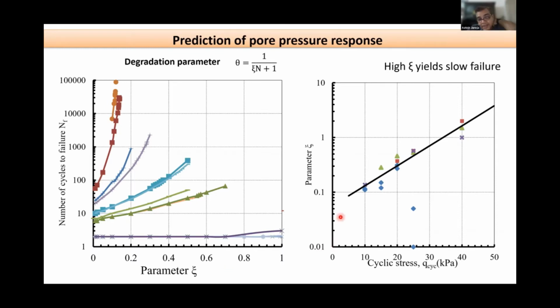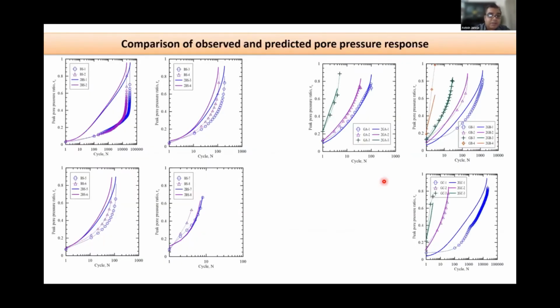Even the figure on the right hand side will help, as this is cyclic stress, but I can also use CSR, because all the samples in this case had quite similar starting confining pressure, I think 100 kPa or so. So you can develop some relationship, and let's see whether we are able to curve fit it, because that's what engineers are happy with.